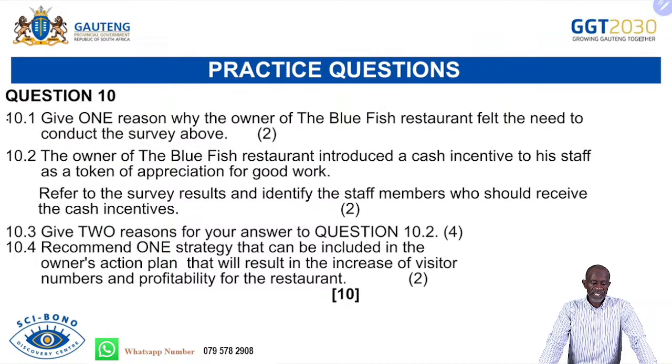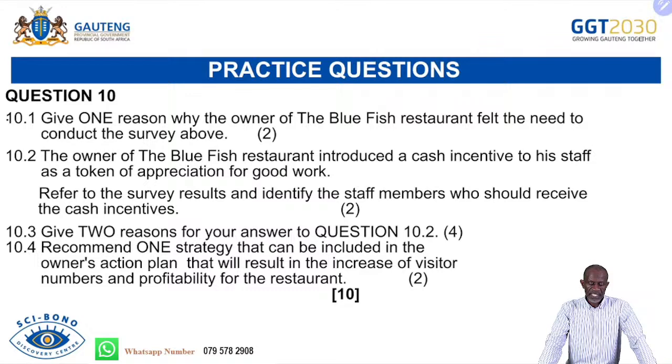Another practice question derived from a past question paper. Question 10. 10.1, give one reason why the owner of Bluefish Restaurant felt the need to conduct the survey above. The owner of Bluefish Restaurant introduced a cash incentive to his staff as a token of appreciation for good work.